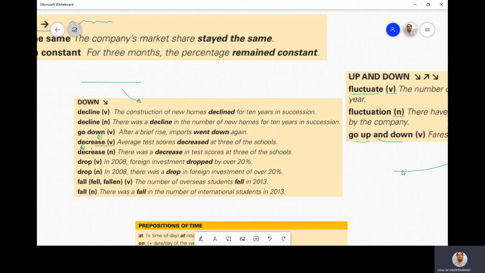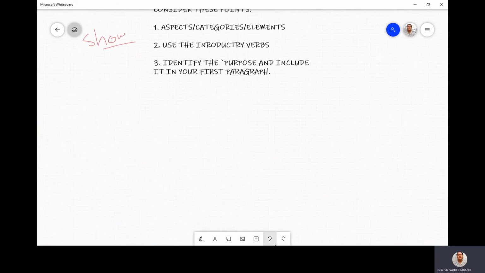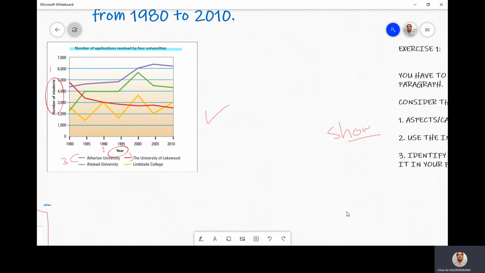Okay, so the activity you have to complete is the second exercise. Here is our graph. In the second paragraph, you have to describe exercise number 2.